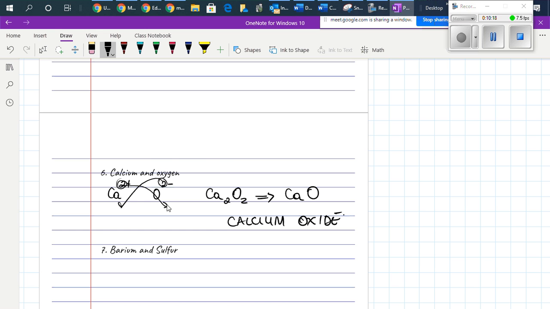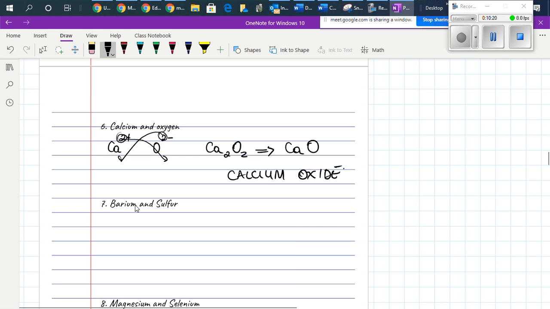Barium and sulfur. Okay, barium is 2 plus, sulfur is in group 16, so it will be 2 minus. It has 6 in the outer shell, it needs 2 to complete the outer shell.